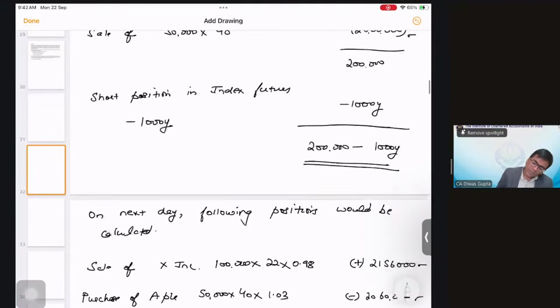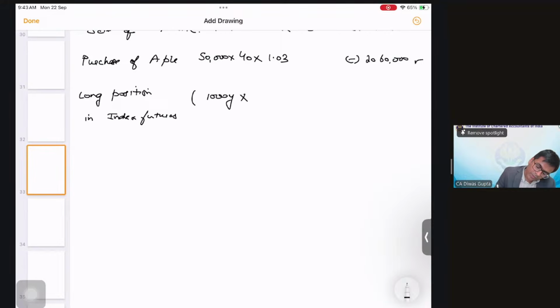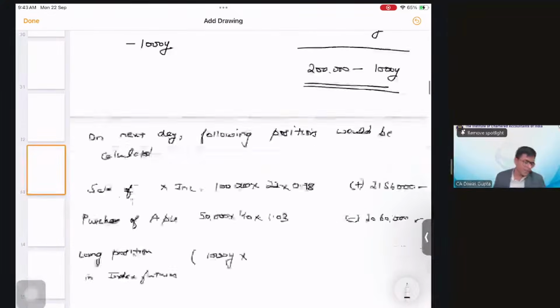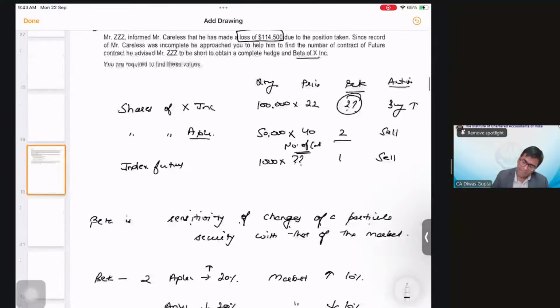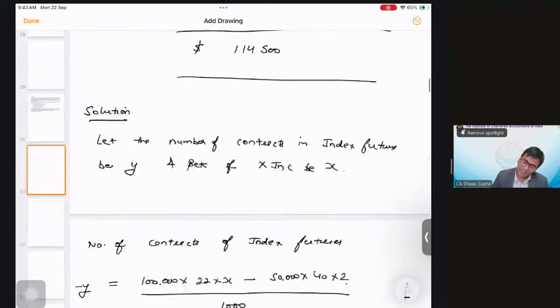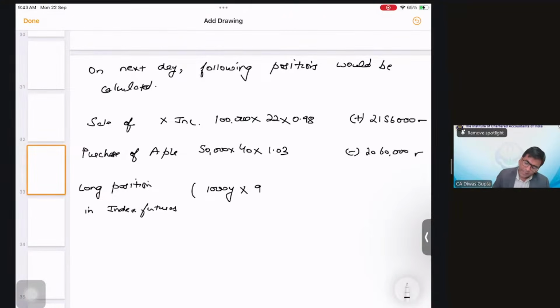Then the short position in index futures will be squared off by taking a long position now. Position in index futures, this will be how much? 1000Y was the original price. Now the index futures have gone down by 1.5%. So our cash outflow will be only to the extent of 98.50%.